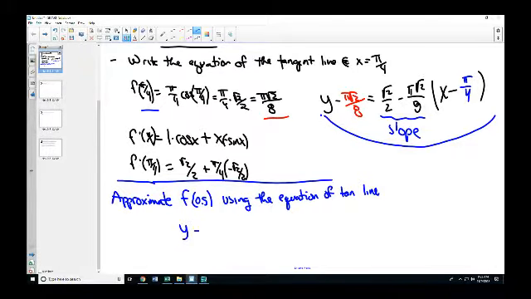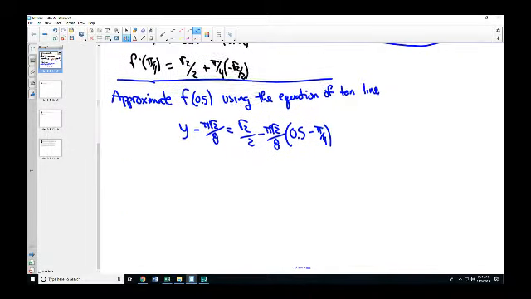So y minus pi root 2 over 8 equals ugliness times 0.5 minus pi over 4. So plug it into your linear approximation, your equation of the tangent line. And those are kind of synonyms. And you have one step to be done.